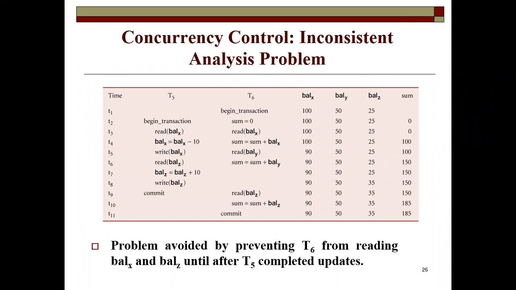Yes, you're rushing. Oh, apologies. I'm saying at time T3, T5 is reading the balance of X. Madam, if it's okay, help me follow the cursor with the time so that they know what I'm talking about. At time T3, T5 is reading the balance of X, and T6 is reading the balance of X also.